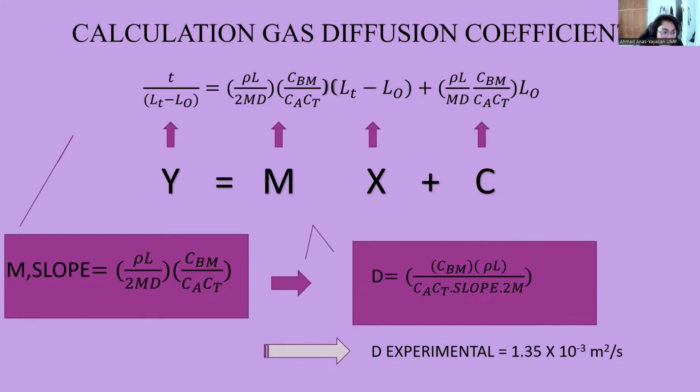So we use the equation rho L over 2MD times CBM over CA CT, and we only want to get the D, which exists in this part, the gradient or slope. So the final equation to calculate the gas diffusion coefficient is D equals CBM times rho L divided by CA CT times slope times 2M. For the experiment, we got the answer 1.35 times 10 to the power of -3 m squared over s.